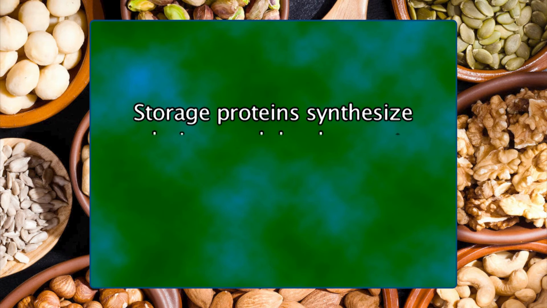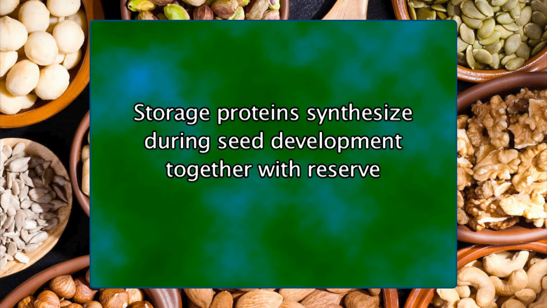Storage proteins are synthesized during seed development together with the reserve carbohydrates and lipids. Storage proteins must be distinguished from metabolic proteins that are concerned with normal cellular activities, including the synthesis of storage proteins. Storage proteins occur as reserve proteins which accumulate in vacuoles, and when the process is completed, the accumulations appear as bodies enveloped by a unit membrane, presumably the original tonoplast.